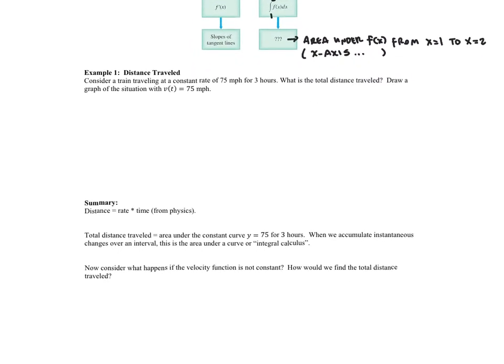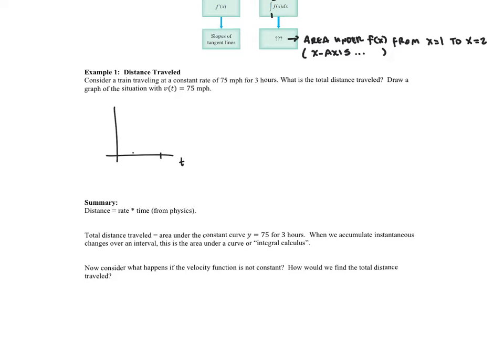Okay, so let's look at a quick example of what this might apply to. Let's talk distance traveled, a little bit of basic physics. Consider a train traveling at a constant rate of 75 miles per hour for 3 hours. What is the distance traveled by the train? We've got velocity and time.